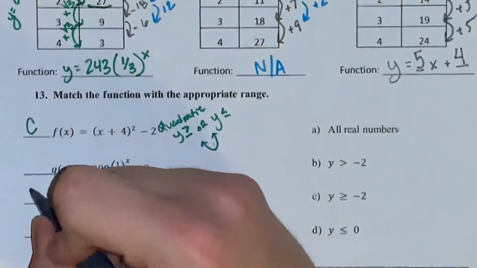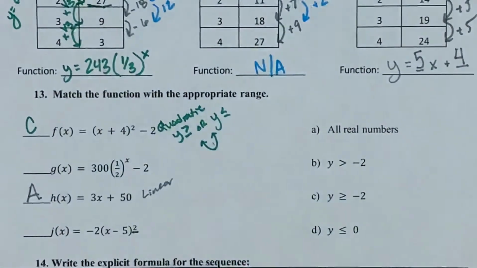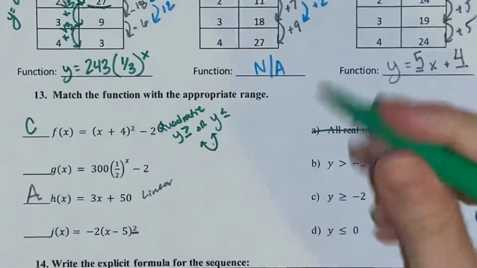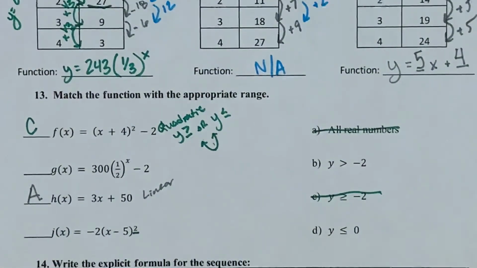So that is A. Moving on to j of x, -2 times x minus 5 raised to the second power. So again, raised to the second power indicates that this is a quadratic formula. So I've taken care of A, that's gone. Taken care of C, that's gone. So remember that a quadratic formula is going to be y is greater than or equal to, or y is less than or equal to.